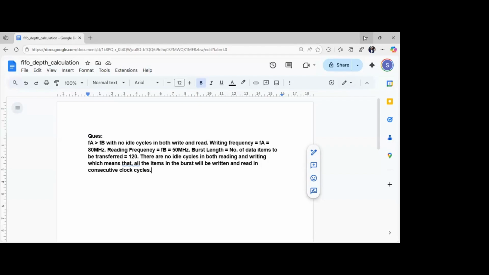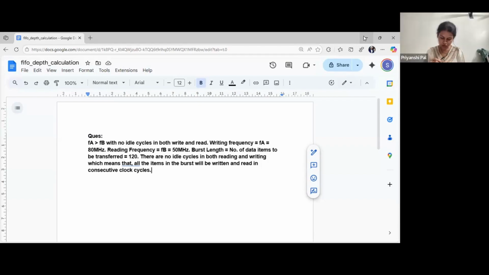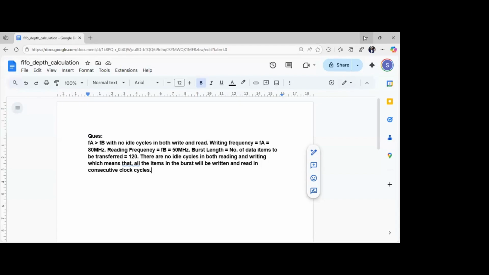You got 1 upon 80 megahertz. Yes, for that I got 0.0125 nanosecond, and for reading I got 0.02 nanosecond. For writing, you should get 12.5 nanosecond, I think.